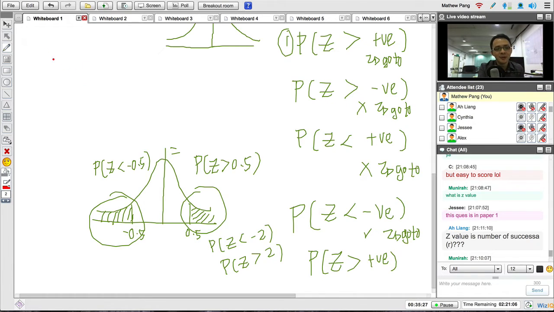I give you certain values: N is 10, P is 0.4, Q is 0.6, and then I tell you R is 2. I want to find the probability for this one.